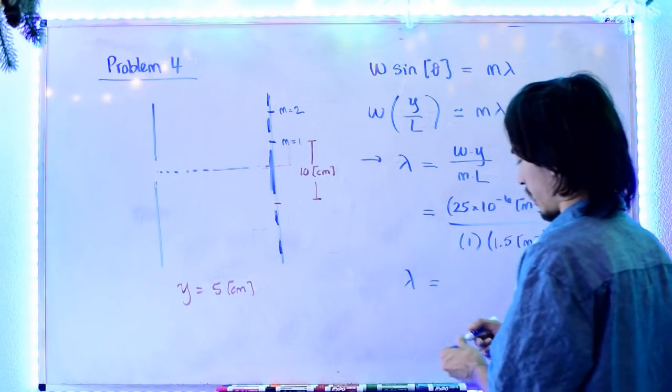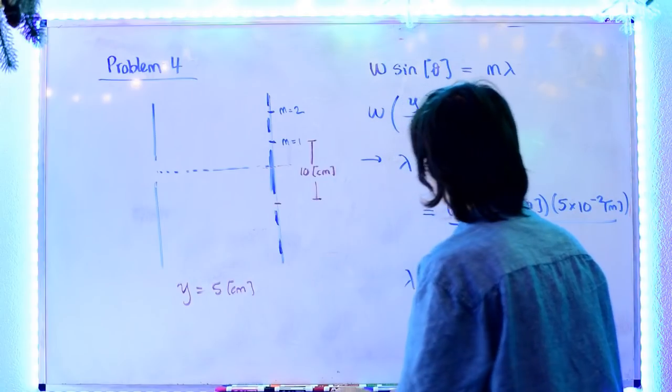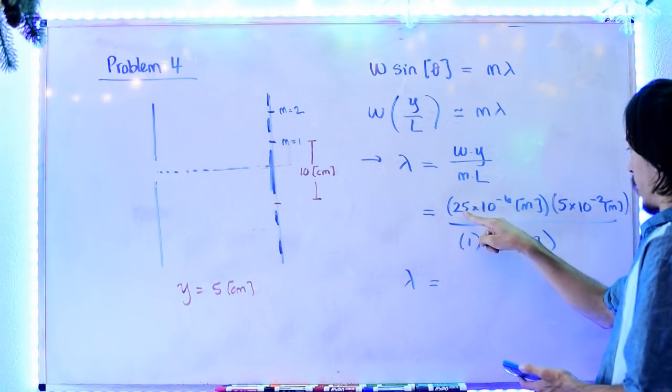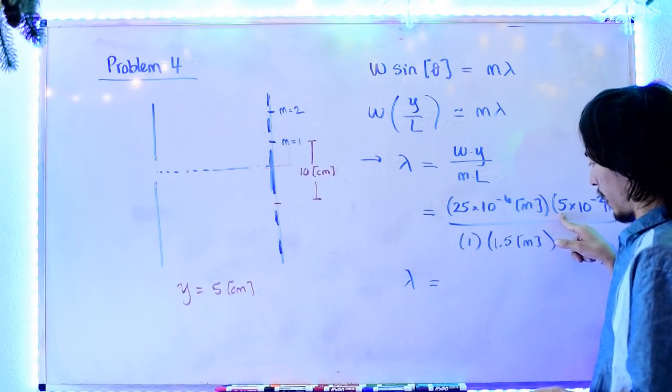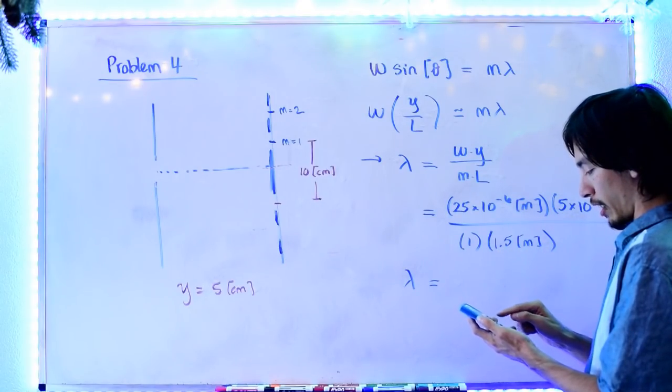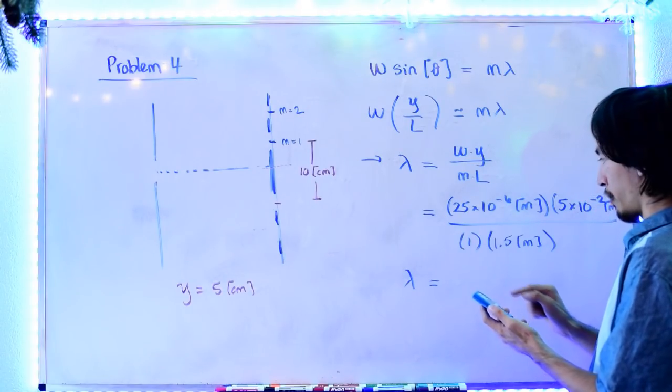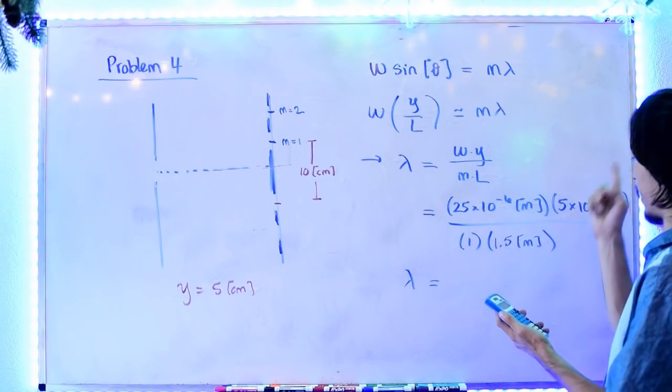So wavelength equals, we're going to calculate that out, 25 times 5 is 125 divided by 1.5. And then the powers of 10, so we have times 10 to the minus 8th in the top.